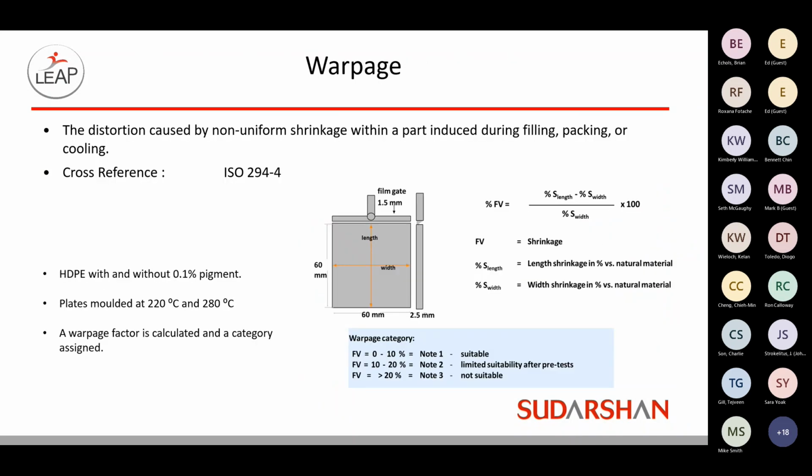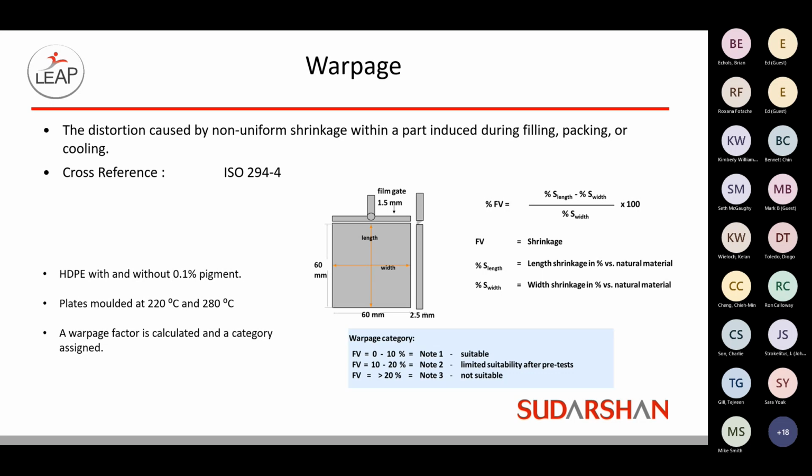Warpage is another area where the chemistry has a large impact on whether it will be appropriate or not for this particular type of technical property. And when we want to understand how much the shrinkage is impacted by the pigment, we do measure the warpage.